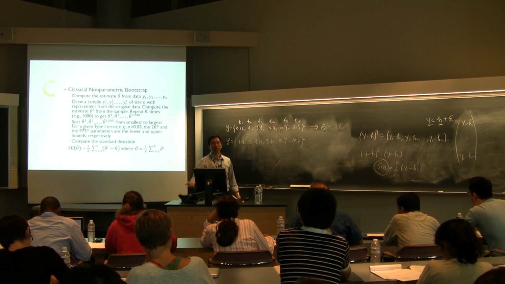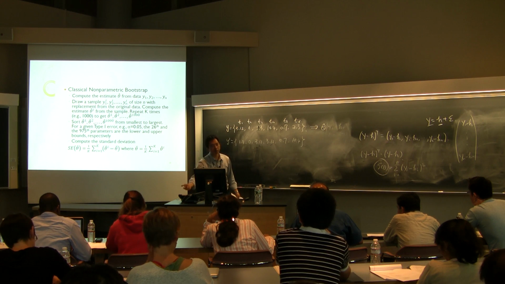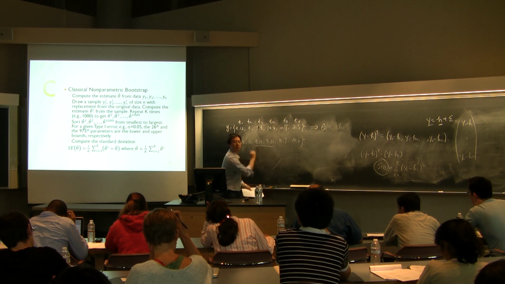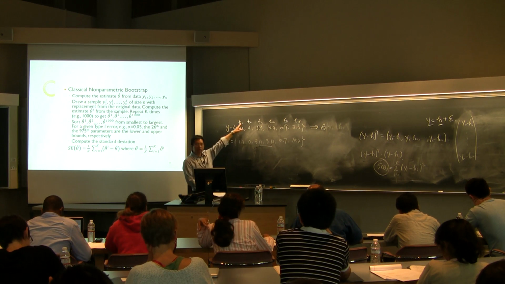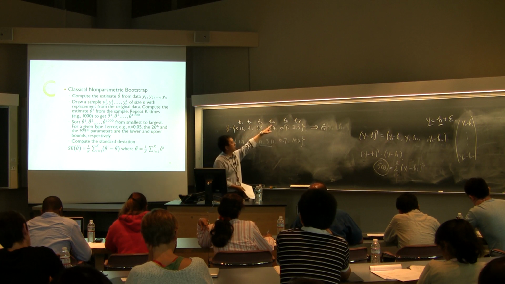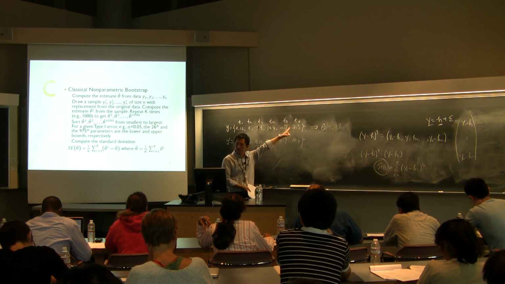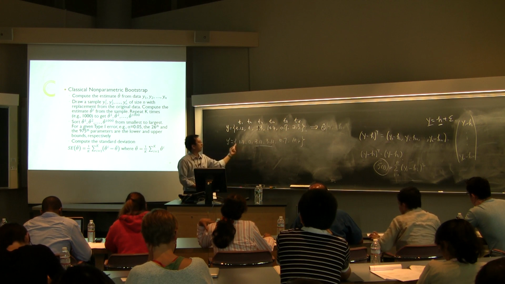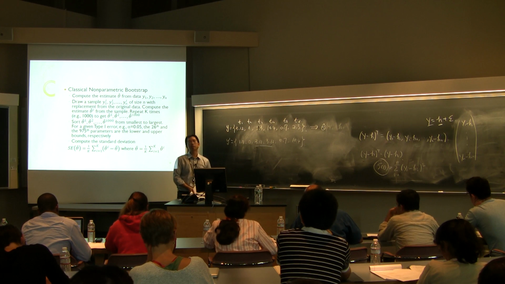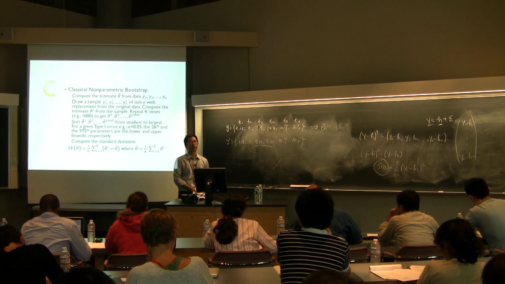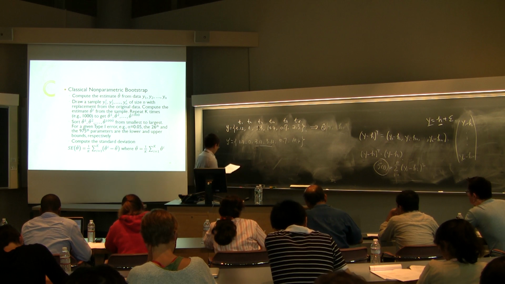Then next time when I sample, I still have a chance to sample the same number. That's why you see this. The second thing is that the positions of the time points are still the same. However, the value at each time point changes. So we basically change the pattern of the data by doing the resampling.